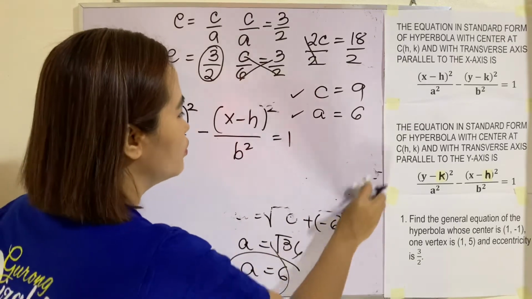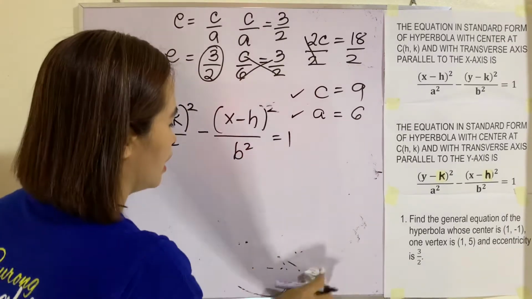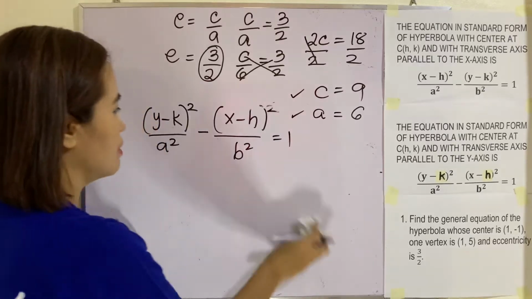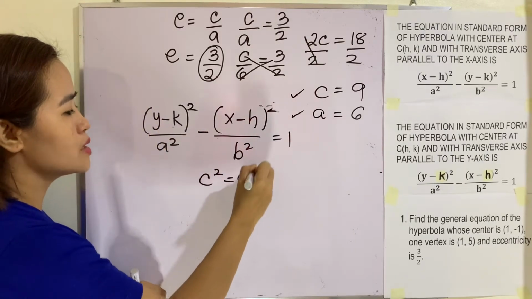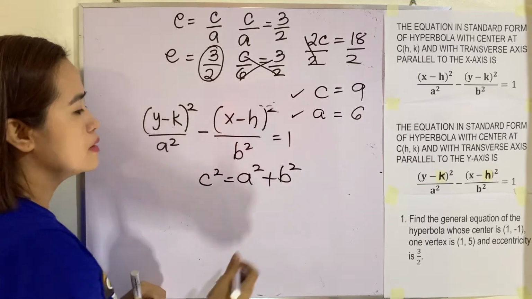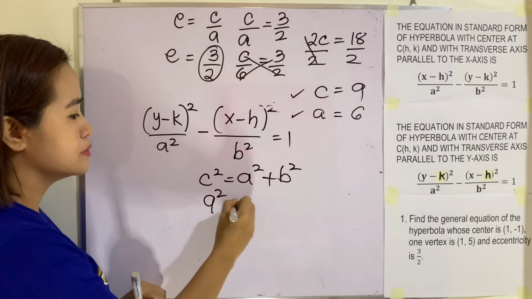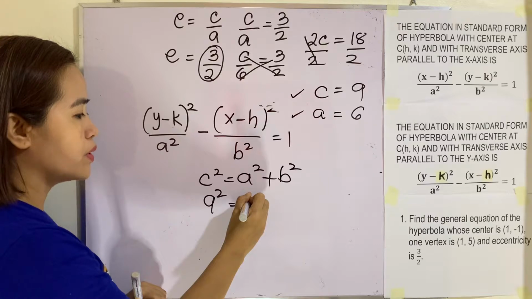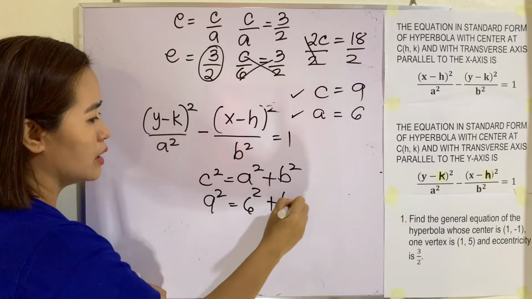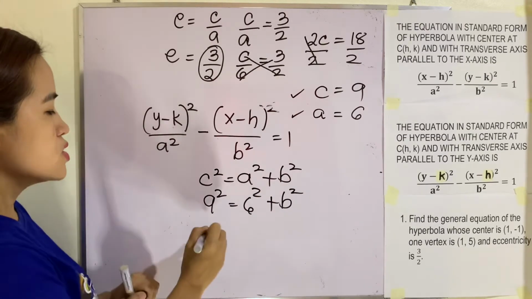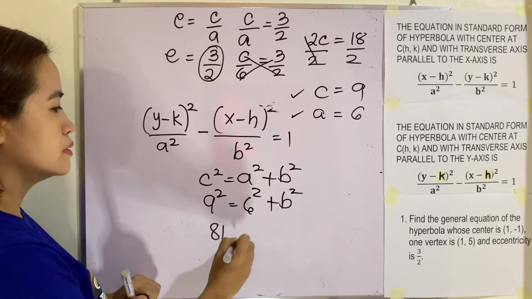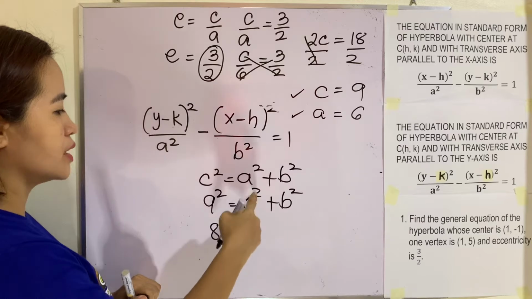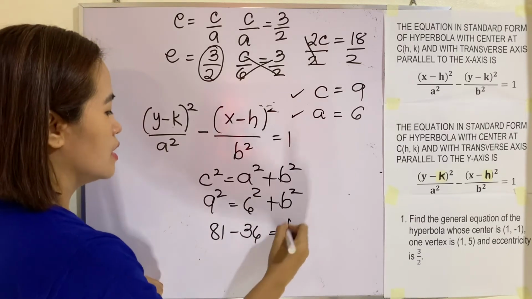Now, how are we going to solve for b? To solve for b, the length of the semi-conjugate axis, you have the formula c squared is equal to a squared plus b squared. So c is 9, a is 6, and b is the one that you are solving. 81 minus 36, since 6 squared is 36, equals b squared.